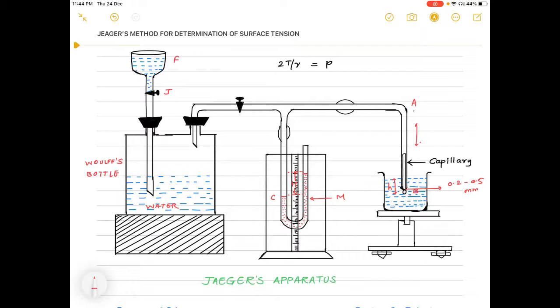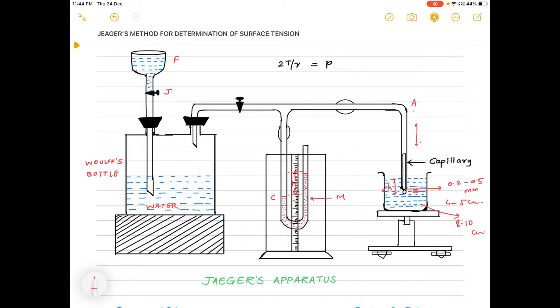This small h is about 4 to 5 centimeters, that much of tube AB is inserted into the experimental liquid. The vessel containing the experimental liquid has a diameter of about 8 to 10 centimeters, so that the liquid surface is flat.